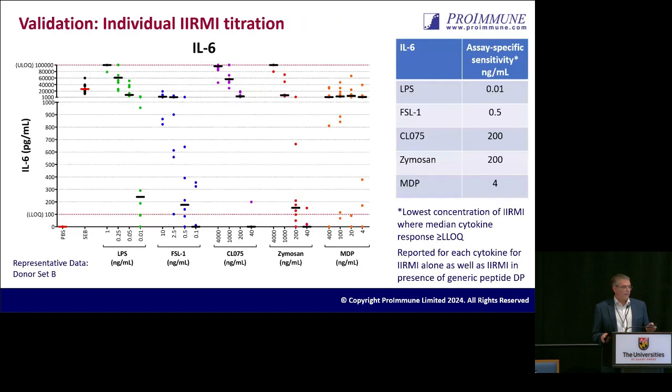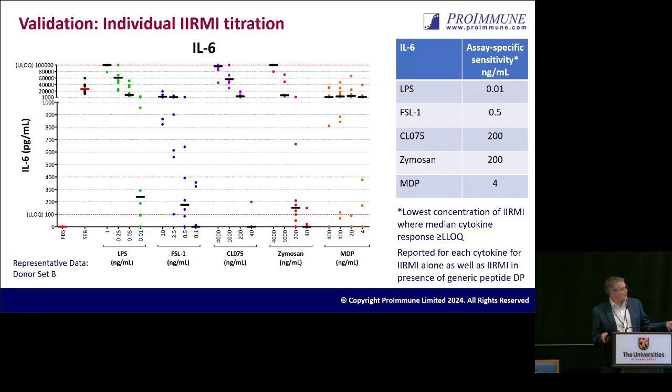If I put this all together, we can now look at a single donor set. This is donor set B for all 5 different ERMIs. We've got the negative control here, PBS, and the positive control, SEB. This dotted red line at the top is our upper limit of quantification at 100,000 picograms per mil, with a lower limit at 100 picograms per mil.